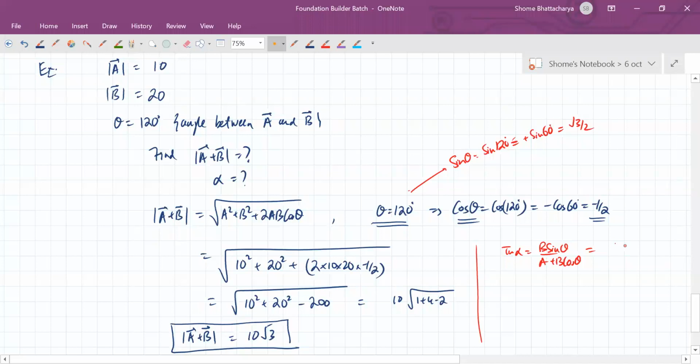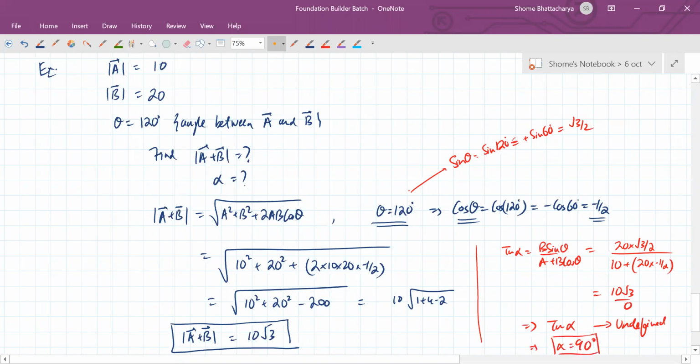So this is 20 into root 3 by 2 upon 10 plus 20 into minus half. So that becomes 10 root 3 divided by 0. So that becomes an undefined quantity. So now this is very interesting, that if tan alpha is undefined, so that means alpha is how much? It is 90 degrees. So this is the result that we are getting for mod A plus B and for alpha.